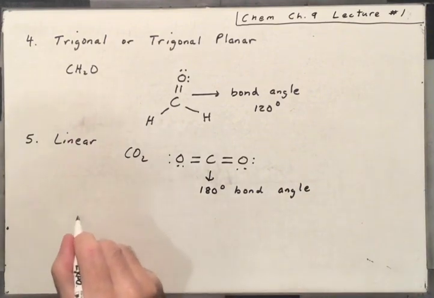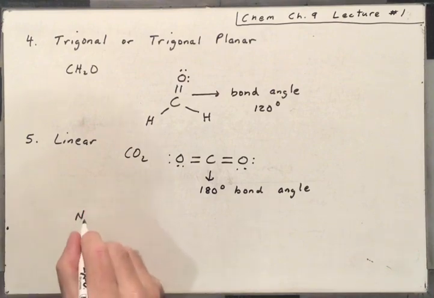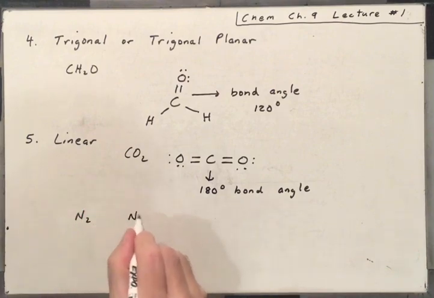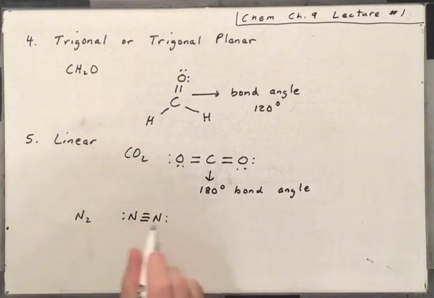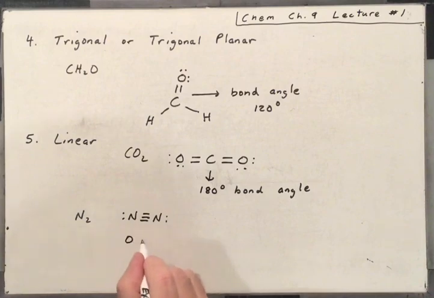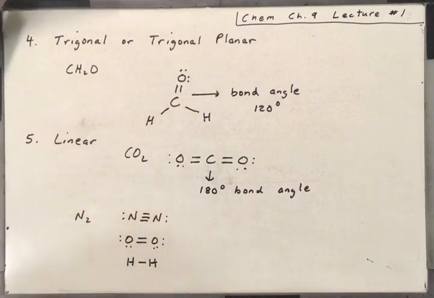Another example of linear would be what we talked about in chapter 8, just nitrogen. And so you had 2 nitrogens with a triple bond. Well, that's a linear shape also. So is O2. That's a linear shape. All right, and then even H2. That's a linear shape. Okay, so simplest, easiest is the linear shape.